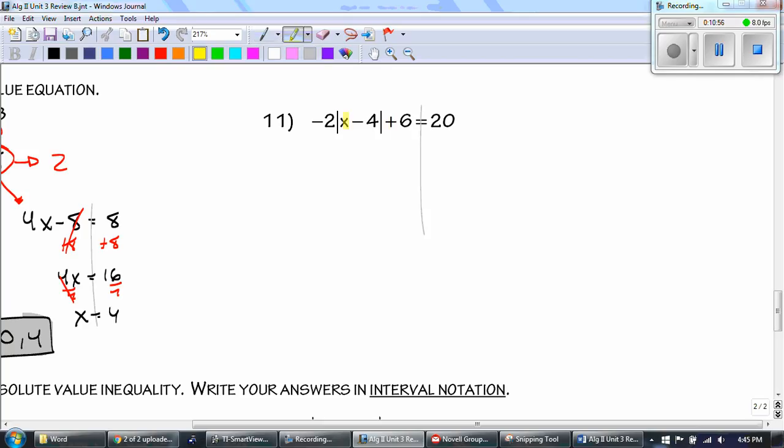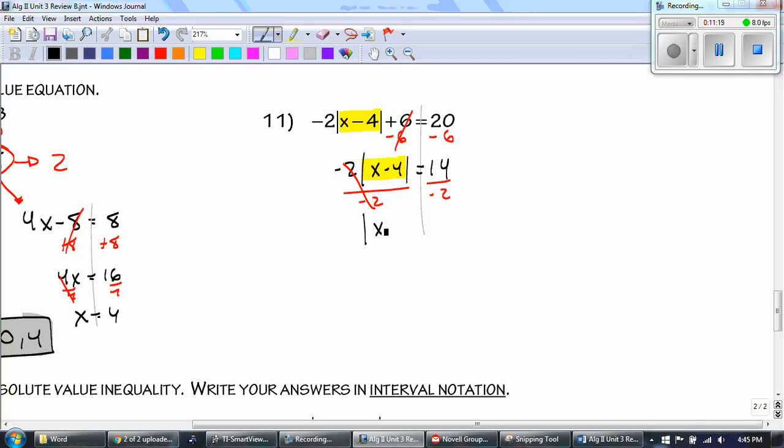All right, let's get that absolute value by itself. So the first thing we do is subtract 6 from both sides. I have negative 2 times the absolute value of x minus 4 equals 14. The absolute value is not by itself yet, so I need to divide both sides by negative 2.